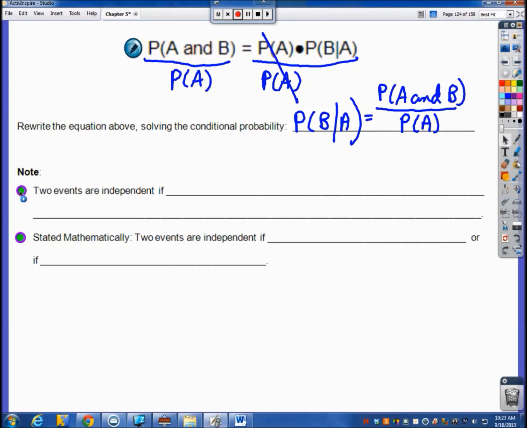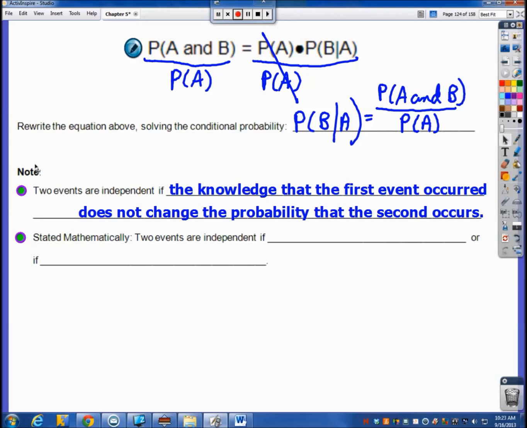Now, two events are independent if the knowledge that the first event occurred does not change the probability that the second occurs. If these two events are completely independent, then it doesn't matter if one event occurred or not. The probabilities stay the same. Stated mathematically, two events are independent if the probability of B given A equals the probability of B. So think about it this way.